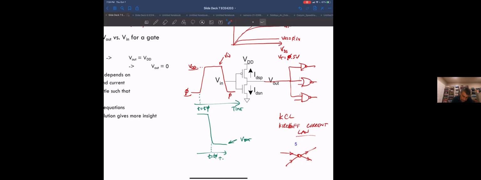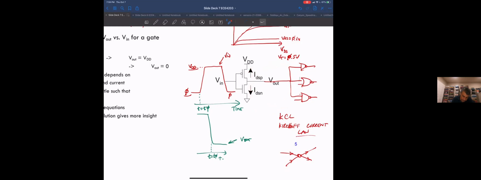This node only has two currents: the current coming out through the NMOS and the current going up through the PMOS. Because of Kirchhoff's current laws, these two always have to be the same.